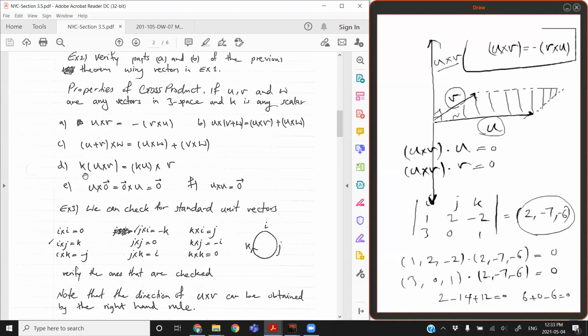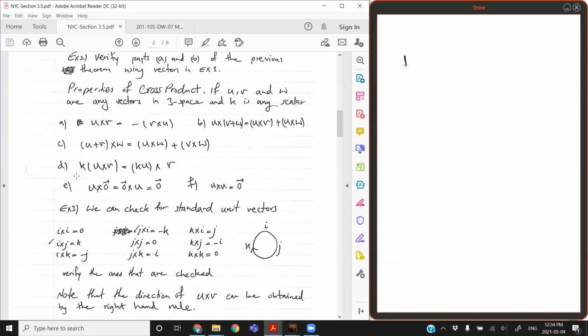Part D says if you have a scalar times a cross product, then you can multiply k by u first and then multiply the resulting vector by v, or you can multiply the two vectors using cross product, then times k. It's going to give you the same answer.